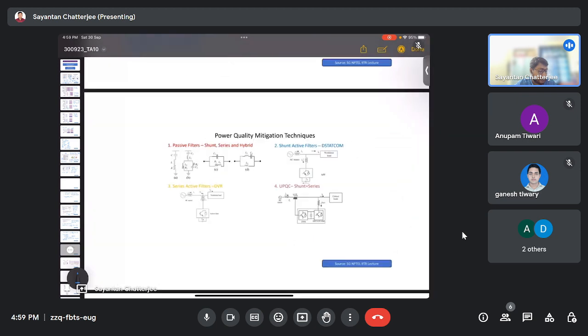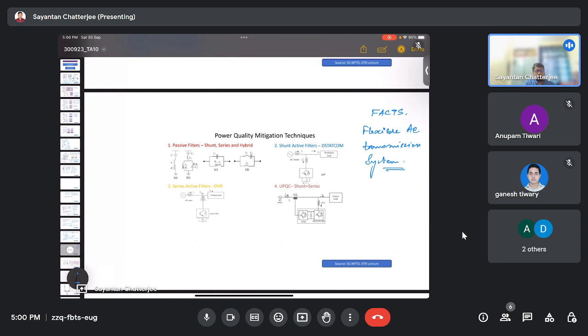So on the transmission side, what we also know is that power quality improvement needs to be done, and this can be done with FACTS devices, flexible AC transmission systems. These FACTS devices enrich the power quality.